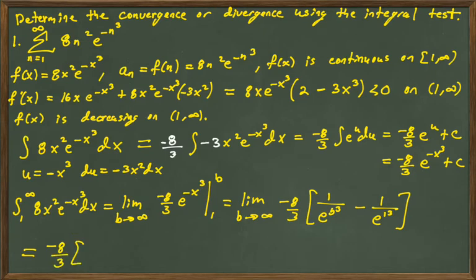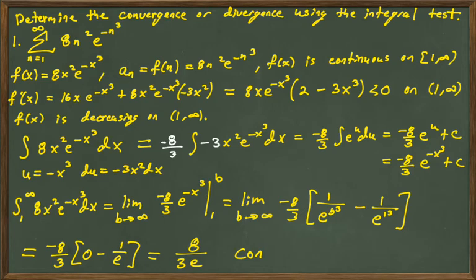Okay, as b goes to infinity, we have 1 over e to the b cubed, and so that's going to be a huge number in the denominator, and so 1 divided by a huge number is going to be very close to 0. So the limit of that will be 0, and then the 1 over e to the 1 cubed, that's a constant, so the limit of a constant is a constant. And so this ends up being 8 over 3e.